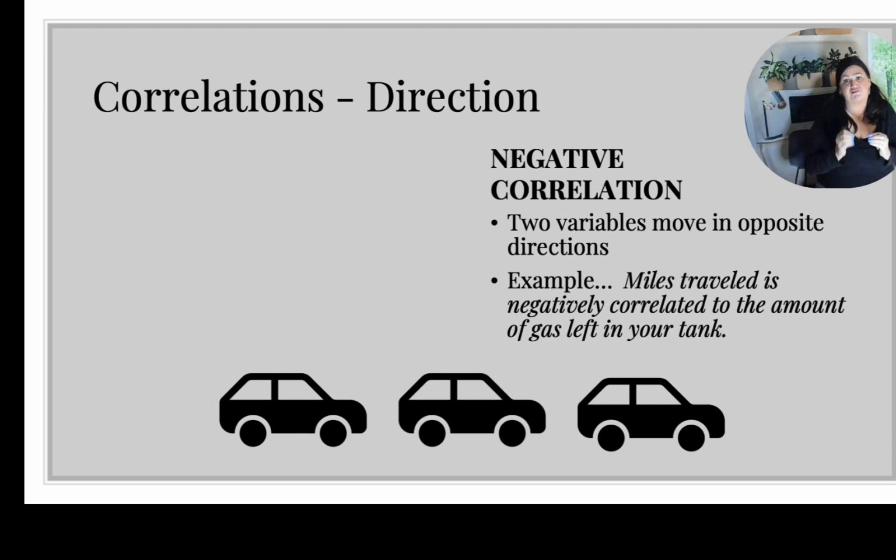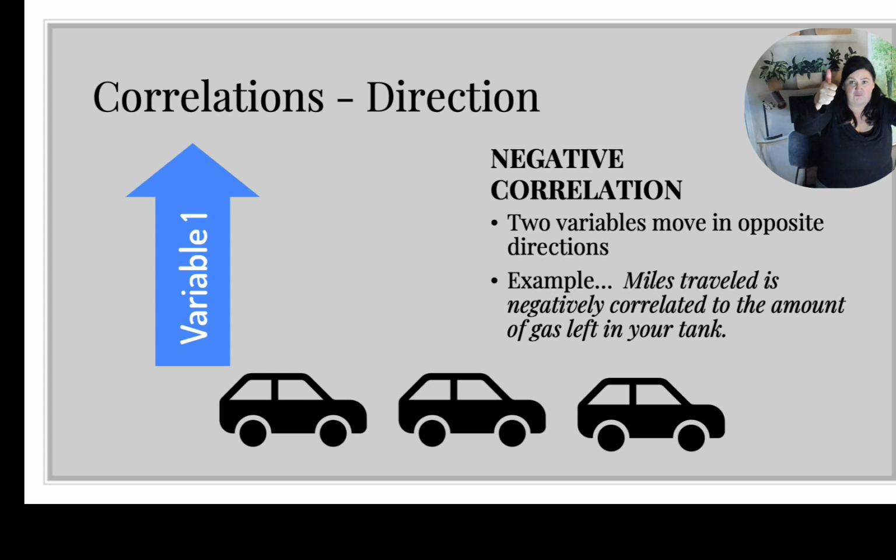Negative simply means that two variables are moving in opposite directions to one another. And I very much encourage you, when you're looking at scenarios in class and tests and quizzes, to use your fingers when you see, for instance, the number of gallons of gas pumped positively correlated with the amount of money spent on gas.